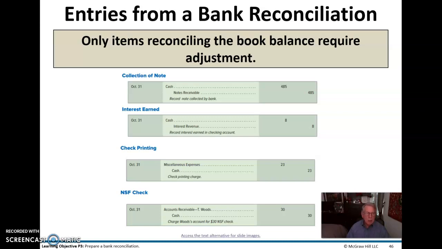And so we record that as a debit to cash and a credit to accounts receivable right then and there. Now, when we get the bank statement back, we say, ooh, that was bad. So we need to put the receivable back up here with a debit to accounts receivable and a credit to cash. Okay. And those are our adjusting entries from the bank reconciliation.